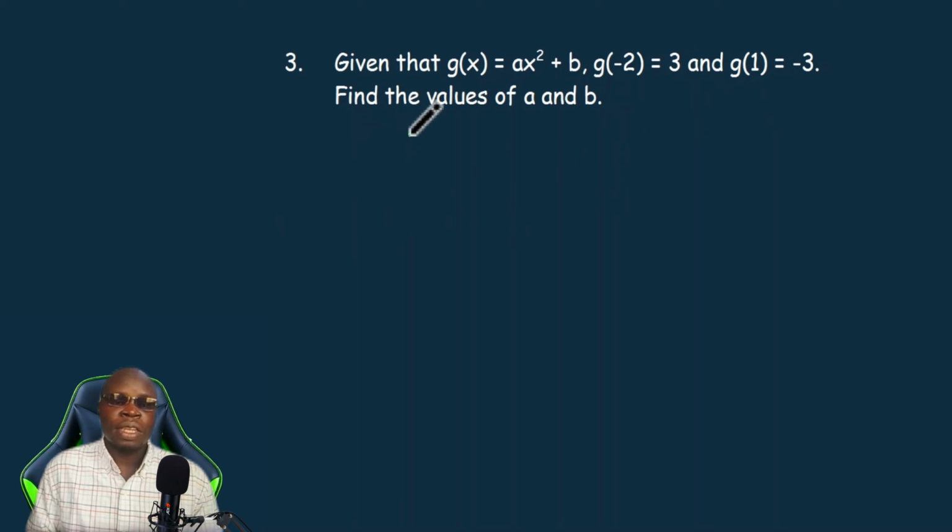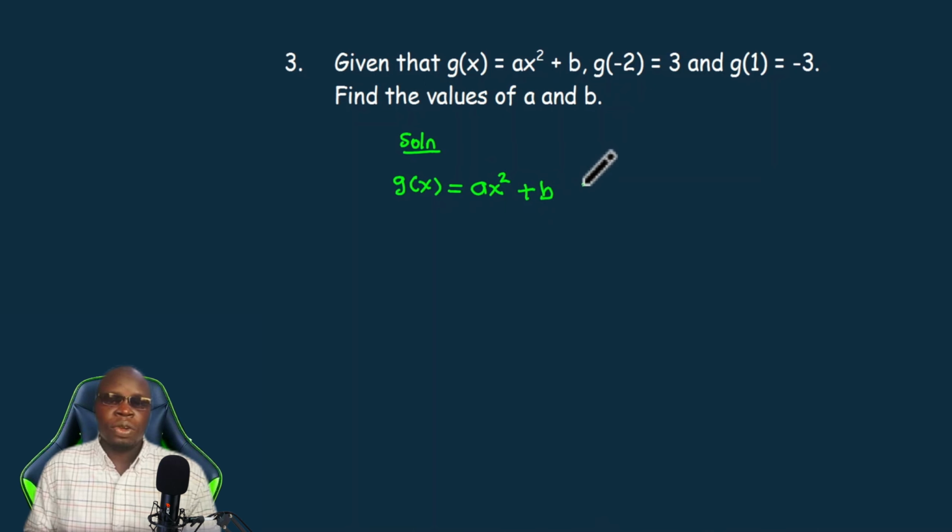Now, the first thing is to get our function down here as before, and we have g of x is given by ax squared plus b. Now, we're to evaluate the first condition.